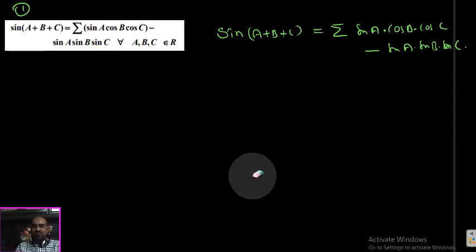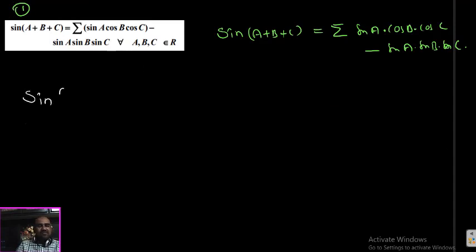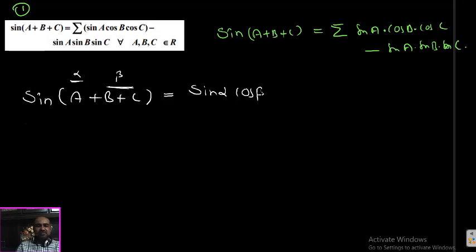Okay, that I want to prove now. Students, listen. Sin of A plus B plus C. So feel that this is some beta, say this is alpha, just like sin of alpha plus beta. You know how to expand sin of alpha plus beta: sin alpha cos beta plus cos alpha sin beta.